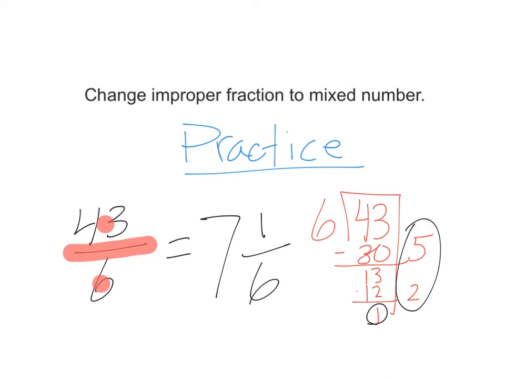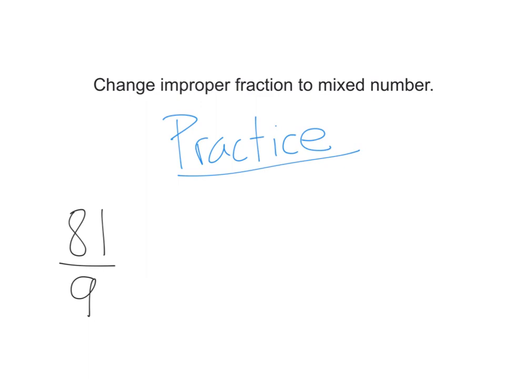And again, I can check. 7 times 6 is 42, plus 1 is 43. Our last example here is 81 over 9. Go ahead and pause it and solve. For this, I remember that I'm using division. 81 divided by 9.